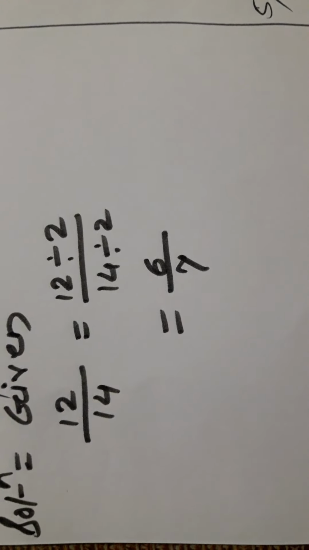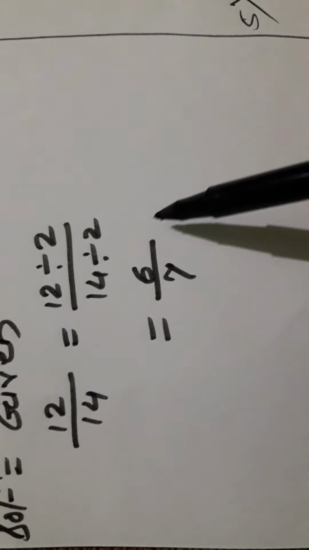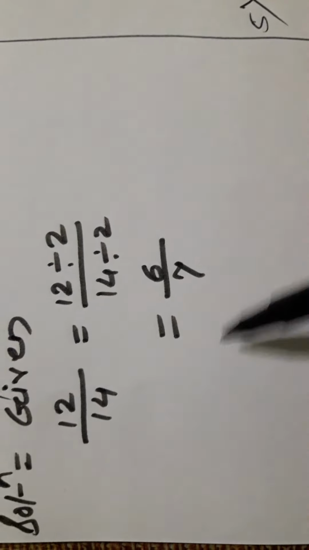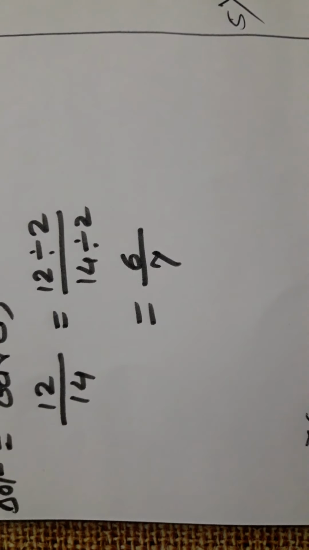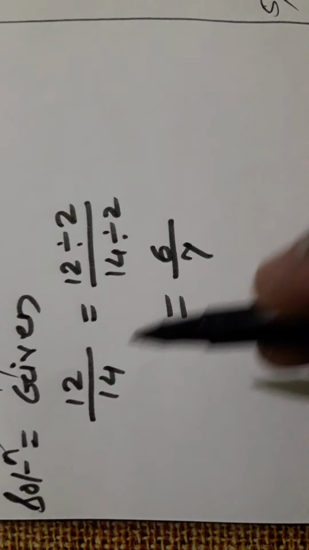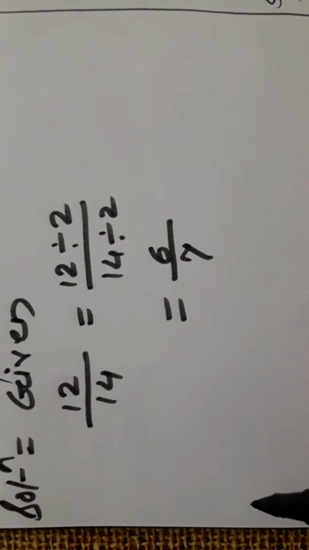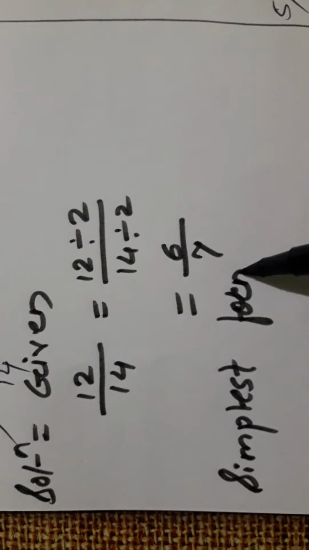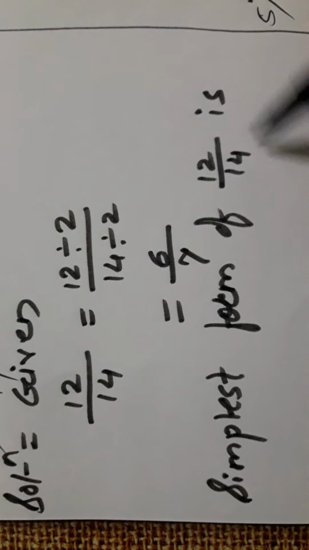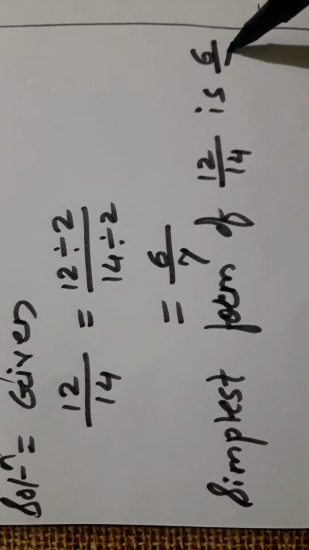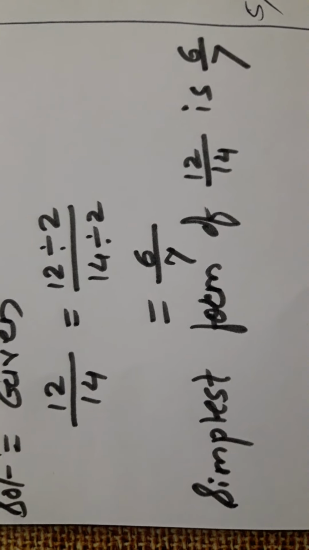This is known as the simplest form of 12 upon 14. Okay, means we can write here: the simplest form of 12 upon 14 is, what is? 6 upon 7. Got the idea?